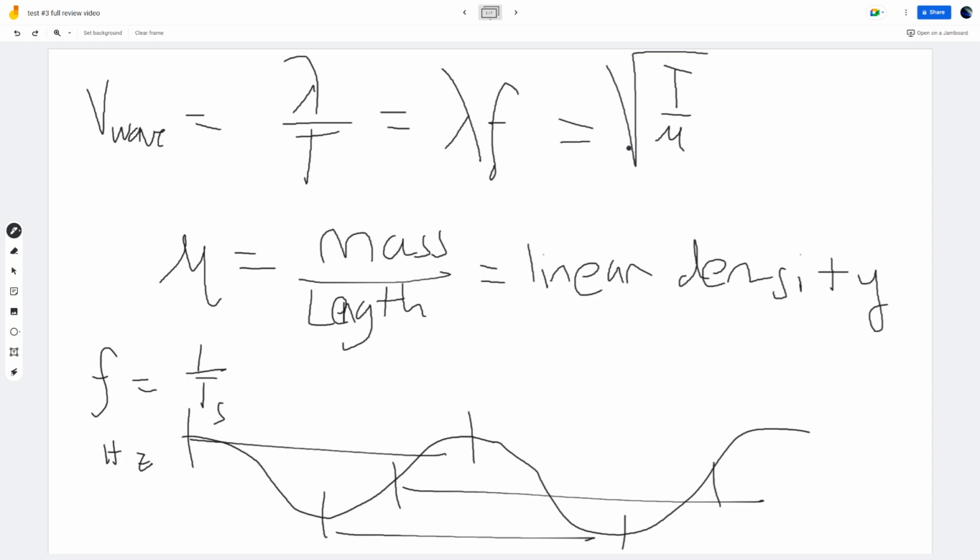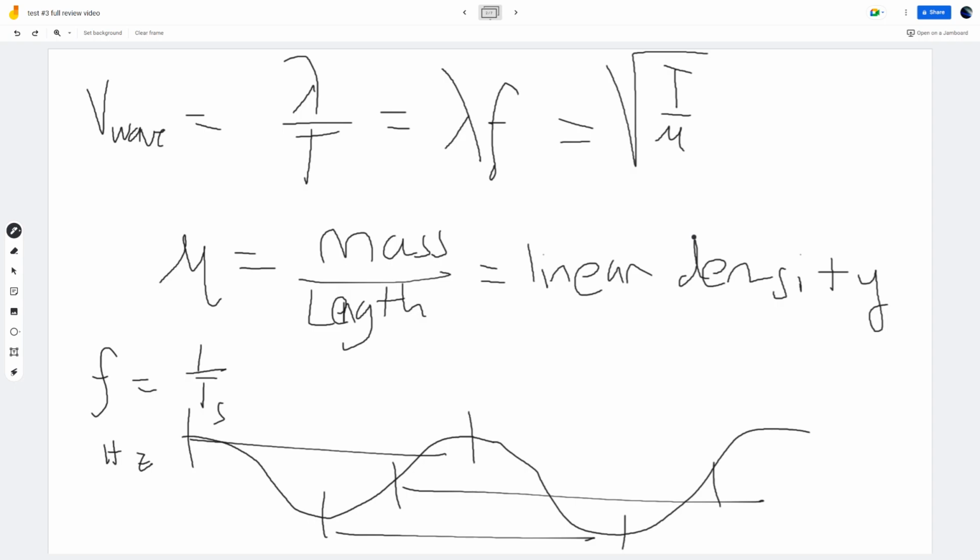I'm not exactly sure where it's mentioned. I think in the standing waves part, but I felt like it fit in here because it's talking about the velocity of the waves. Basically, it's saying the square root of the tension over the linear density is the velocity of the wave as well. I believe that's true. Yes.